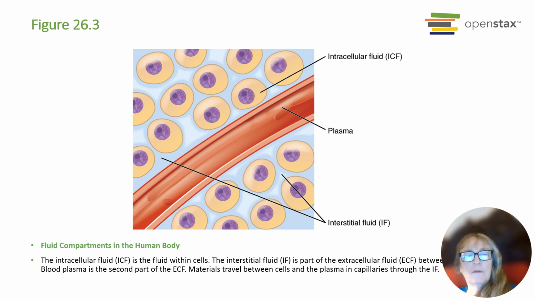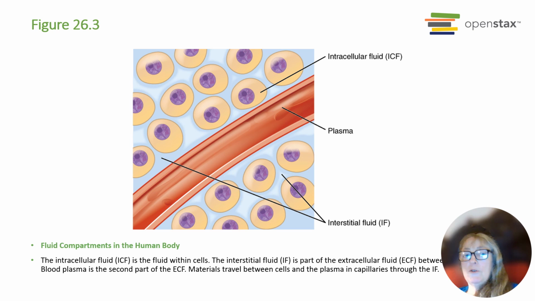This is showing a schematic of where some of this water is contained. This is a blood vessel, and in it you have blood cells, and you also have plasma, which is the liquid portion of blood. Now you have cells outside of the bloodstream, which may be interstitial cells, any kind of cell.